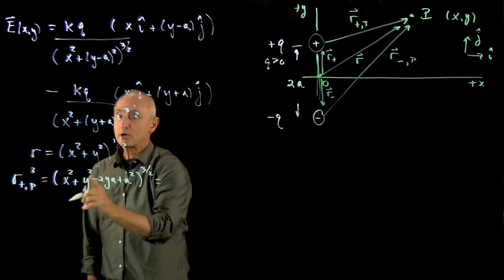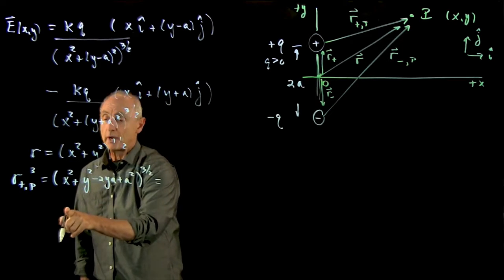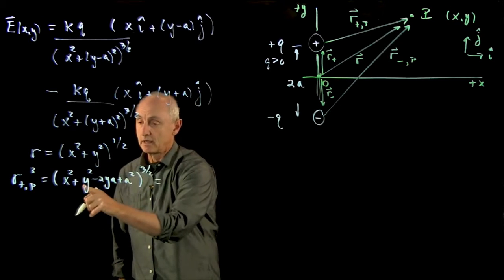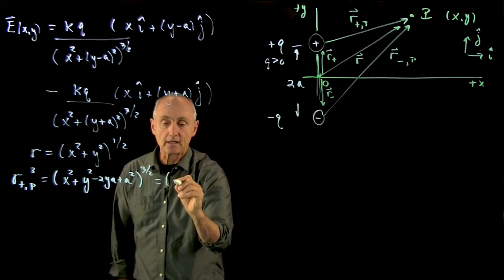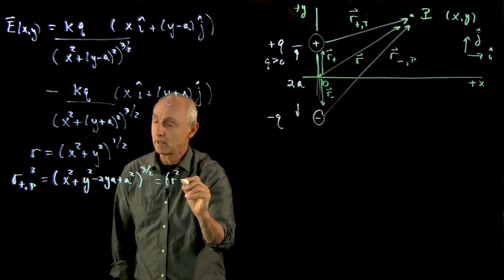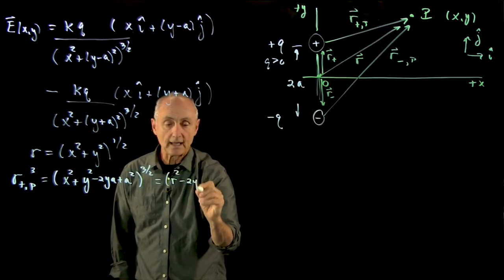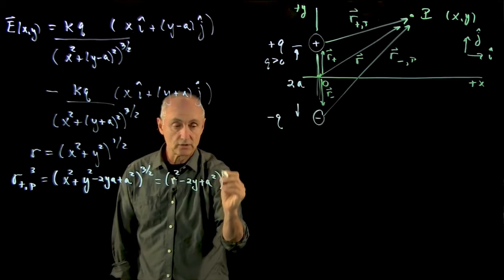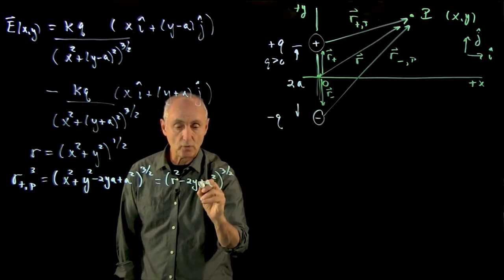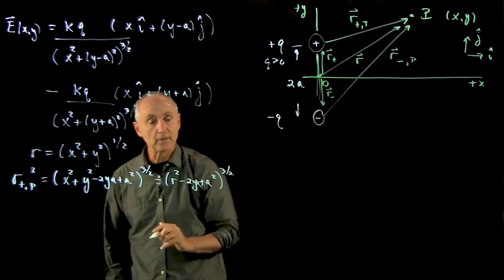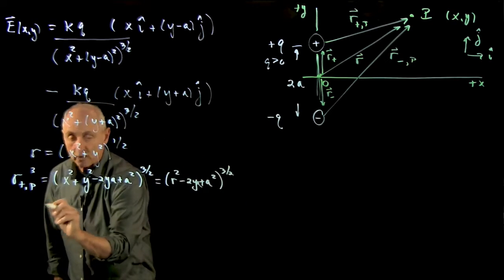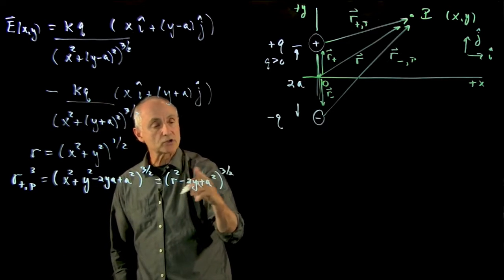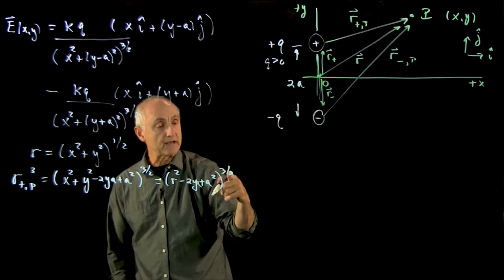And I'm going to pull out the r squared in here. We'll rewrite that as r squared times the quantity 1 minus 2ya plus a squared over r squared, to the 3/2. Now when I pull out the r squared, this is a little bit complicated because you're taking r squared out of something that's to the 3/2 power.